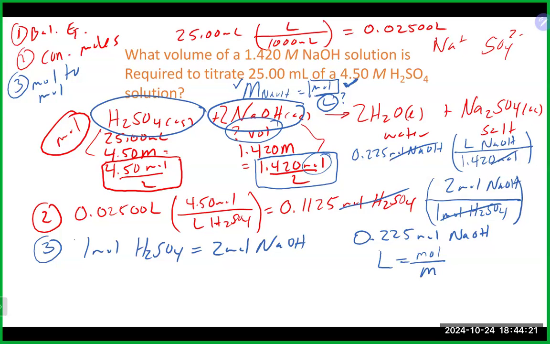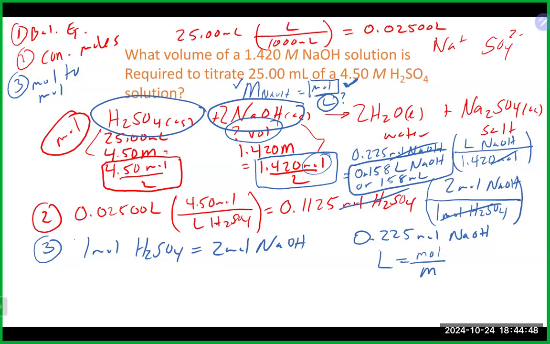When we set something up like that, we're dividing, which gives us the right math to do. Dividing by 1.420 gives us 0.158 liters of sodium hydroxide, or if you want milliliters, 158 milliliters of sodium hydroxide.